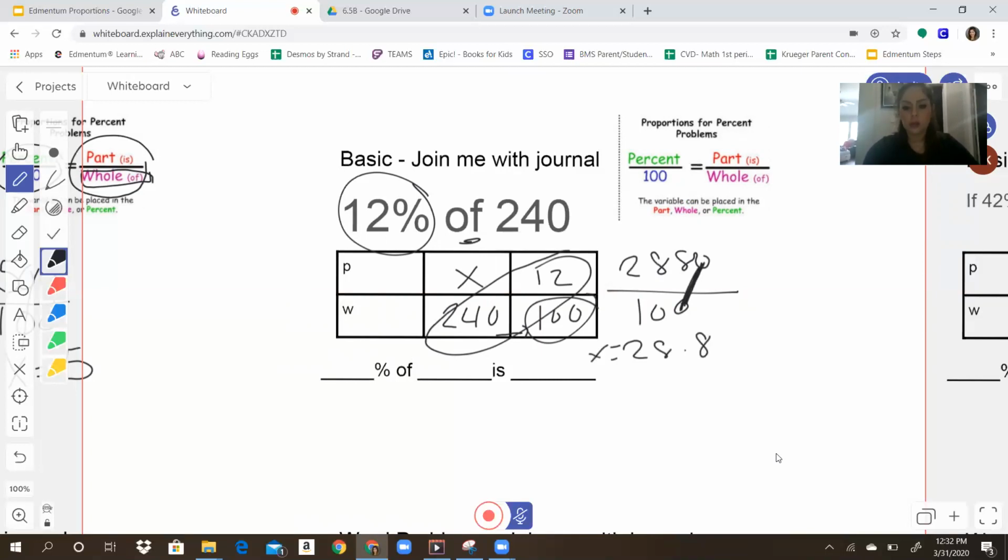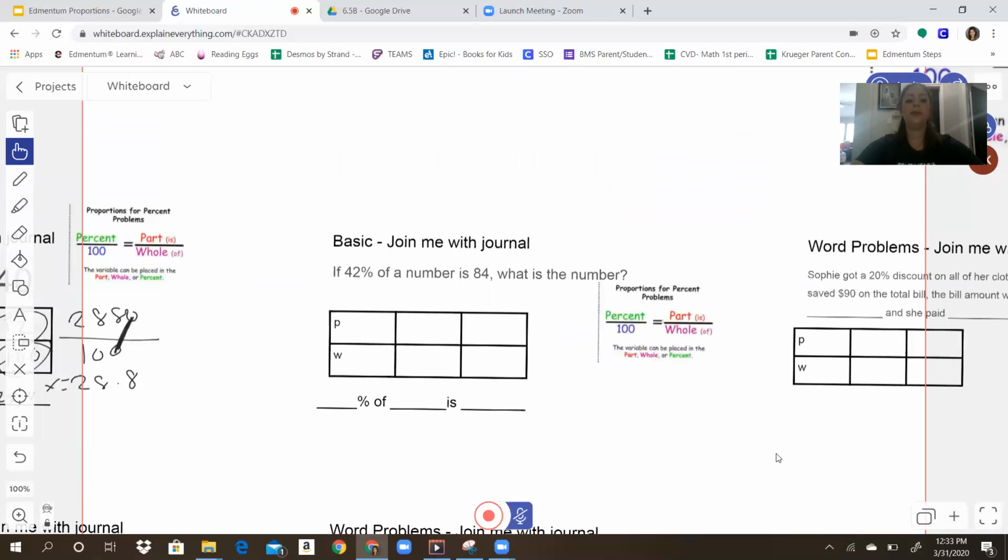So x equals 28.8. So 12% of 240 is 28 and 8/10, which makes sense because 240 is a very large number and 12% isn't very much. So we knew our variable had to be a smaller number.